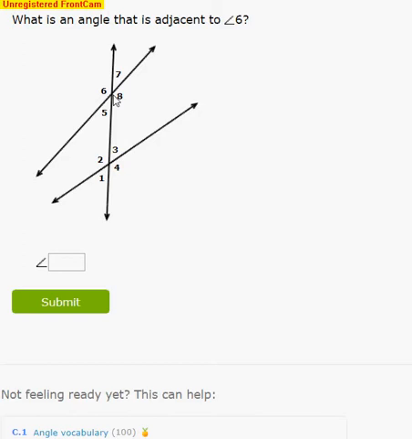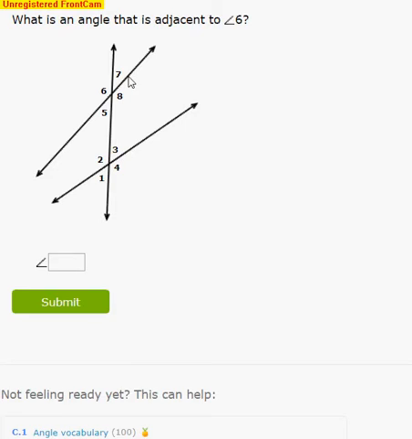Let's take a look right here. Angle 8 is over here on the opposite side of angle 6. It has this side and this side. However, it's not adjacent because none of these two sides are actually sides of angle 6. So therefore, these are not adjacent.